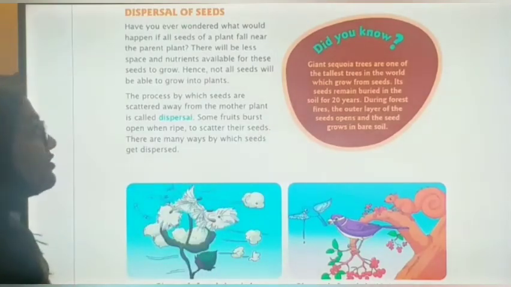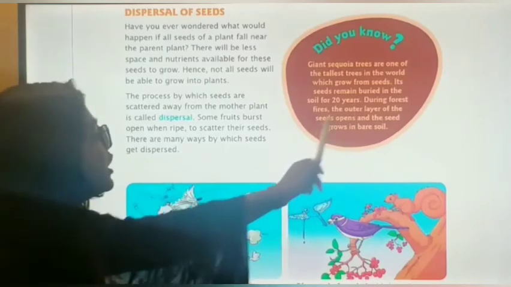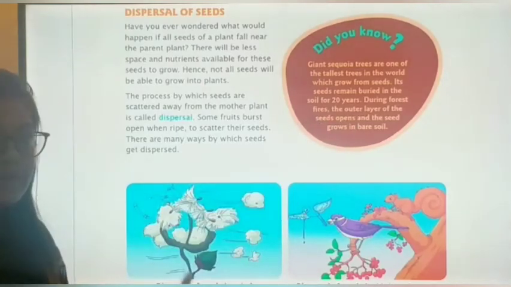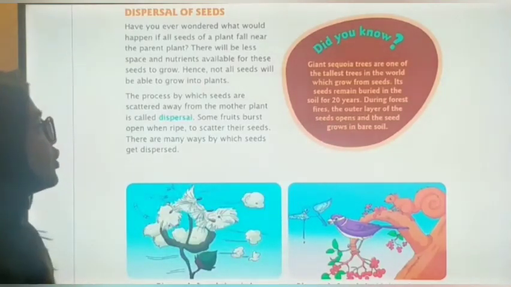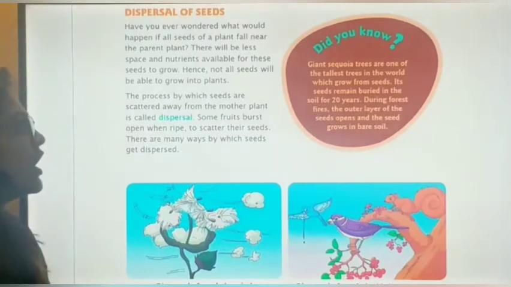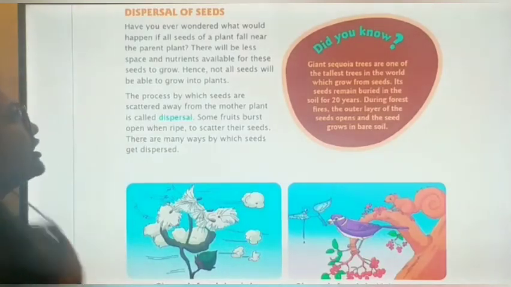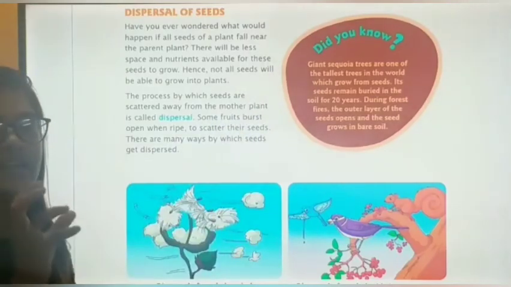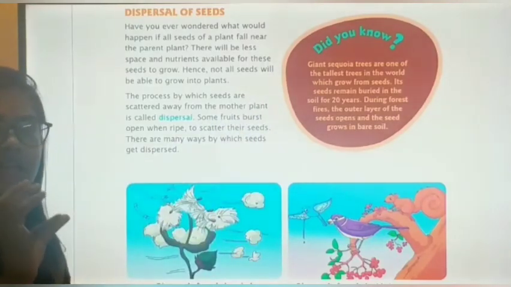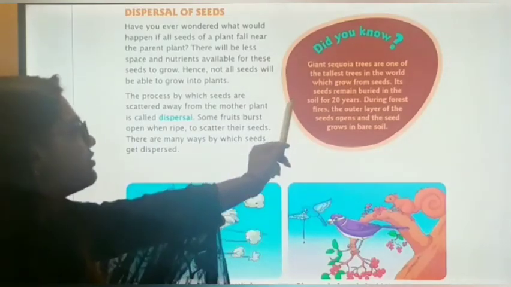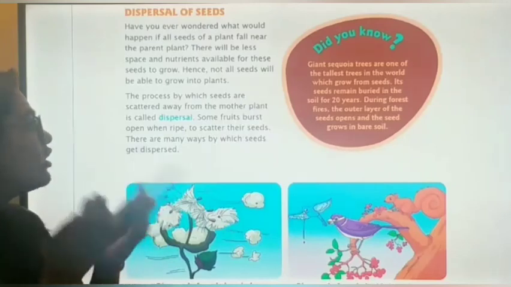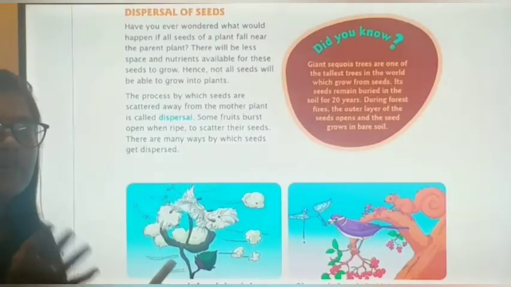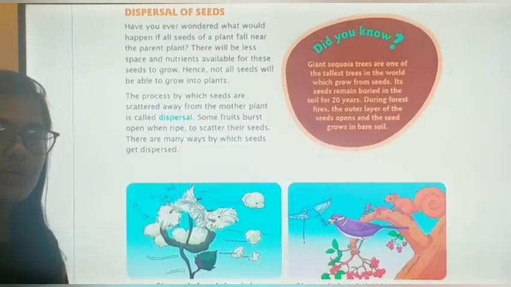During a forest fire, the outer layer of the seed opens and the seed grows in barren soil. So the giant cinchona is the tallest tree and it grows from a seed. When the forest fire happens, the outer layer of the seed will open, after which the tree will start growing.